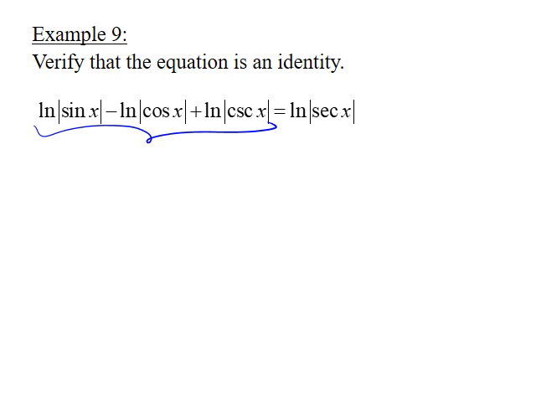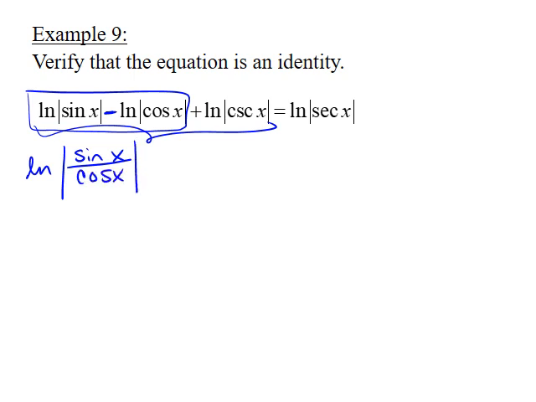You may recall that if you have a logarithm with the same base and they are being subtracted, that you can rewrite this as the natural log of sine of x divided by cosine of x. So that subtraction, you can rewrite the logarithm with the same argument, but with division. And then this is plus the natural log of cosecant of x.